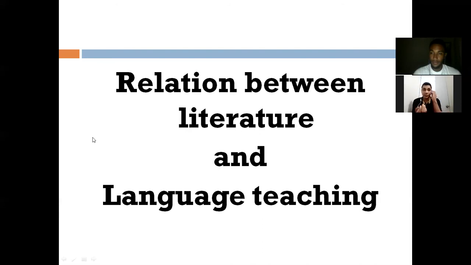Let's say if we explain the present perfect, we try to look for a paragraph that has some sentences with the present perfect. In this case, we are working together. We're working with literature and grammar together.